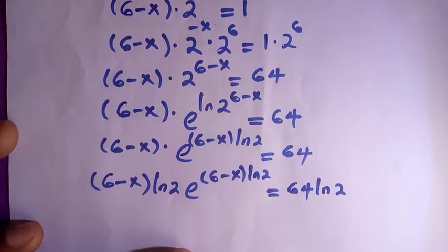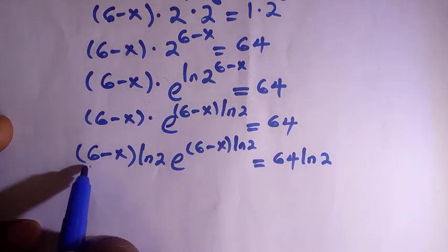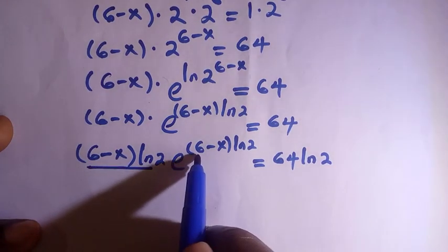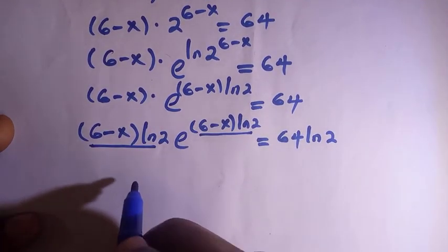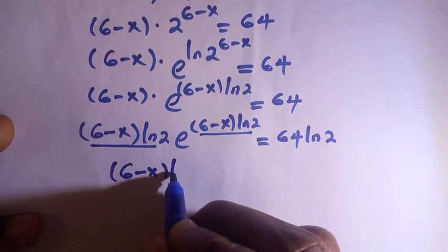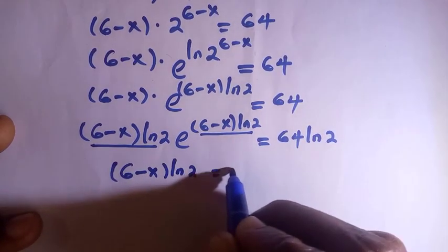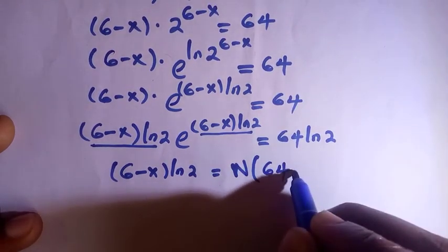So now I can apply the Lambert W, since the power of this exponential and the coefficient of it are the same. By applying Lambert, this side remains 6 minus x ln 2 equals W of 64 ln 2.